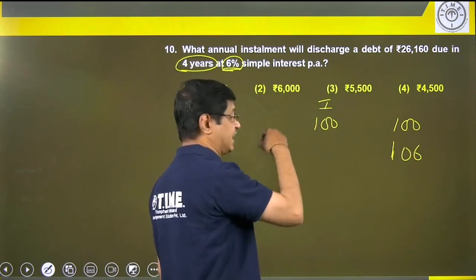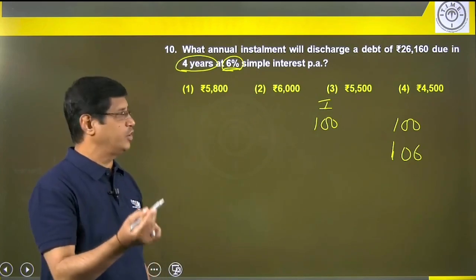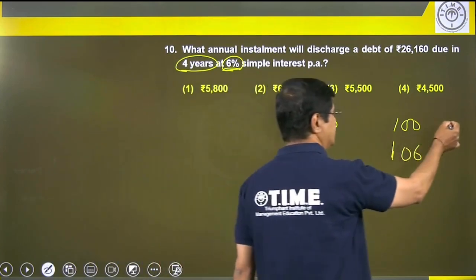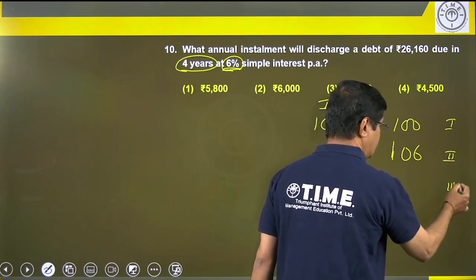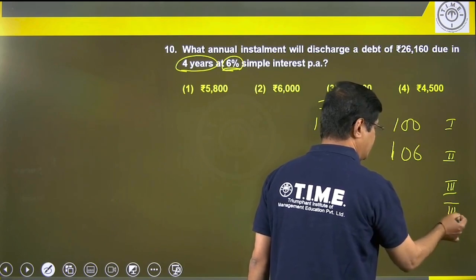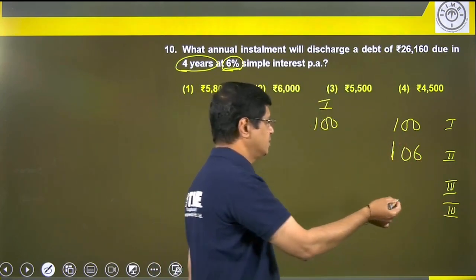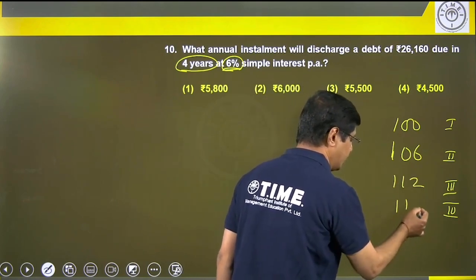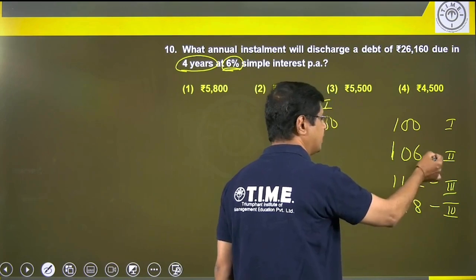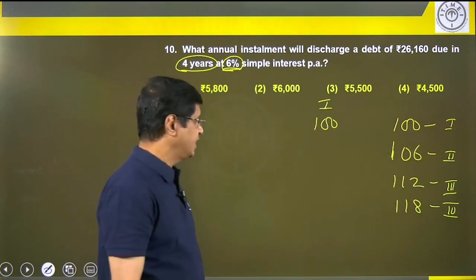Now when you observe here, first installment at the time, second installment after 1 year, third installment after second year, next after third year. So what is the result here? The value will become 100, 106, 112, 118.